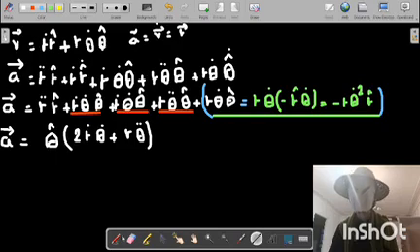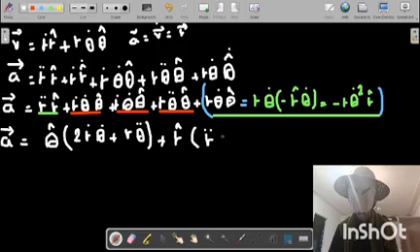We got this, and then we got that. Let's use them. Yes, let's use all of them. So, plus R hat R double dots minus R.